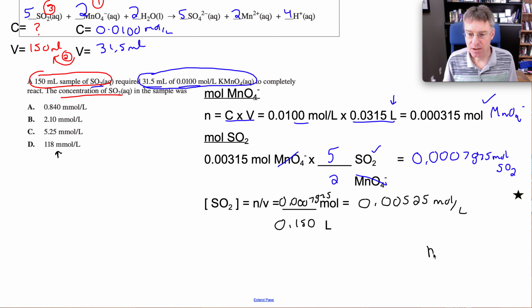So to get this into millimoles, this is a multiply by 1,000 to get to the milli. So we're going to move our decimal place. Don't even need a calculator for this. 1, 2, 3. So 5.25 millimoles. So that is our C, our correct answer for the concentration.